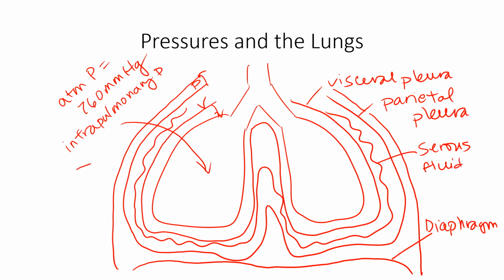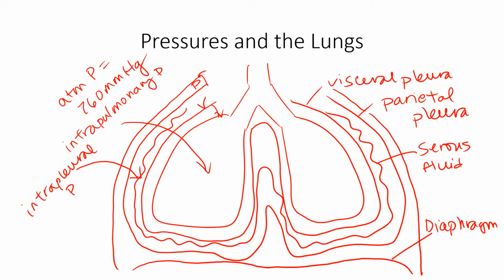And the pressure exerted by that fluid between those two serous membrane layers is called an intrapleural pressure. I'm going to use P again for pressure. And I should make note here that that intrapleural pressure must always remain negative or less than intrapulmonary pressure. Otherwise, the lungs will collapse.